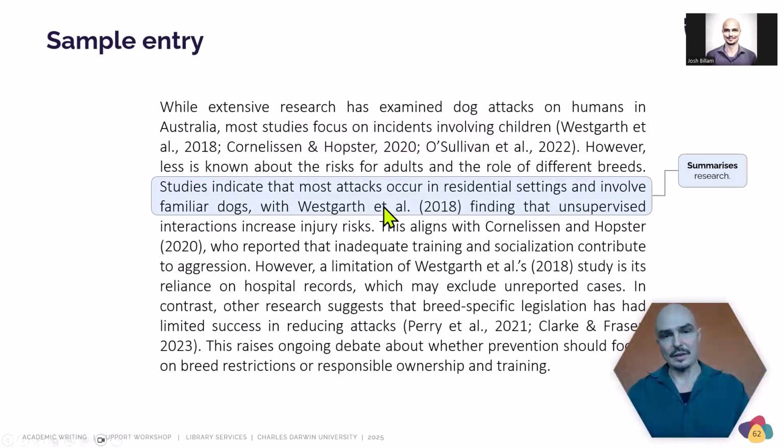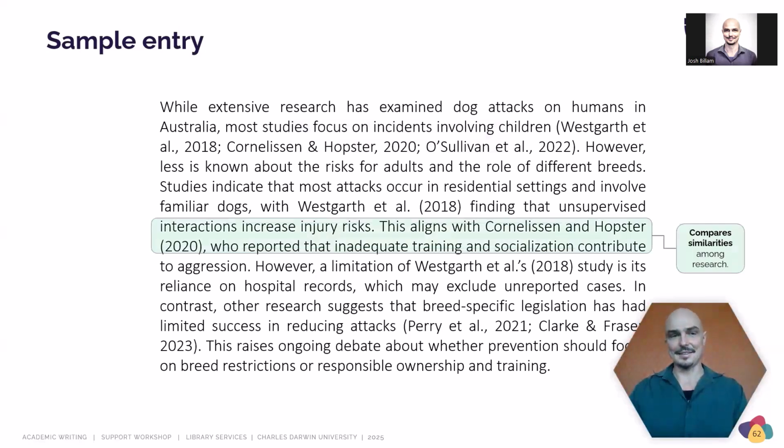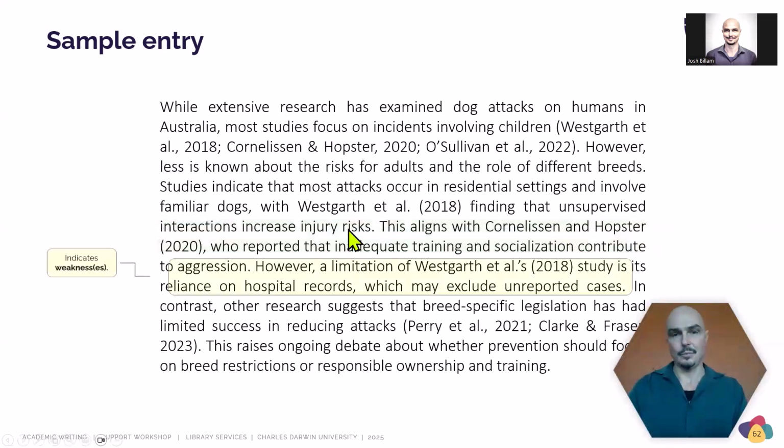So for example, Westgarth said most dog attacks occur in this area. But it doesn't just finish there. Then it goes on and says, however, these other authors said that, but they said it in a different way. Then it might highlight some weaknesses or limitations of the source.